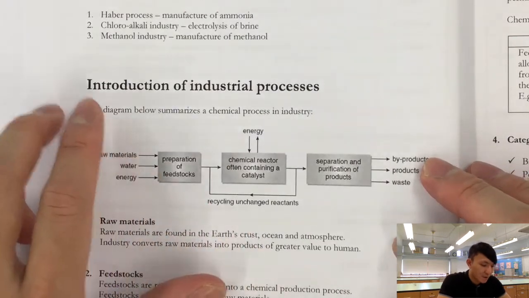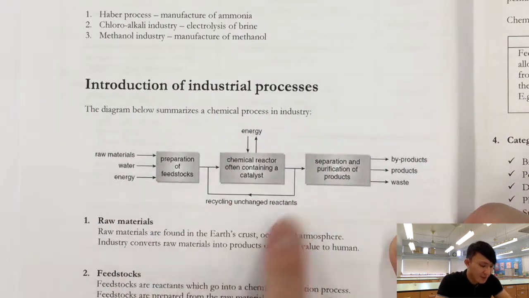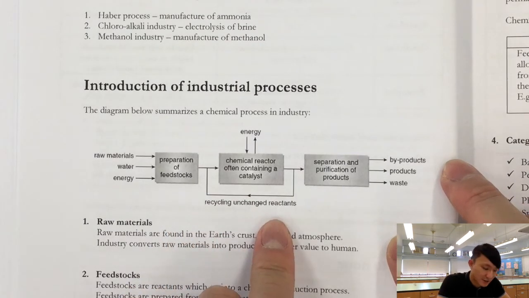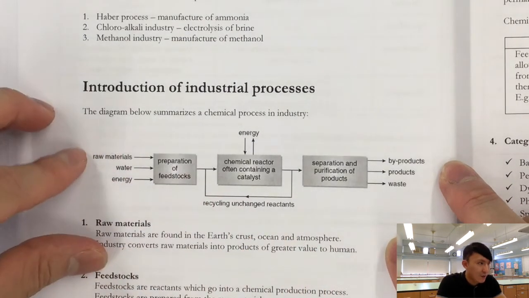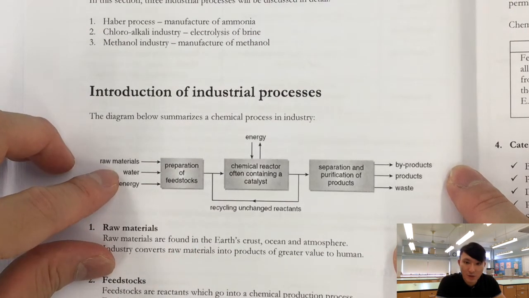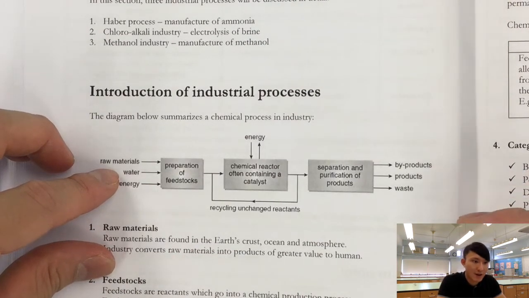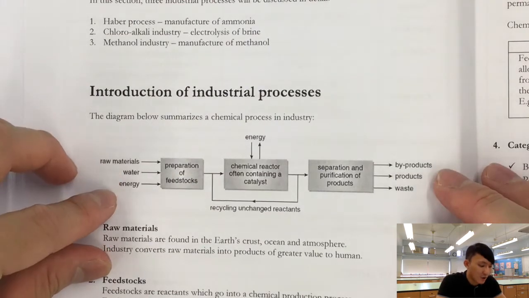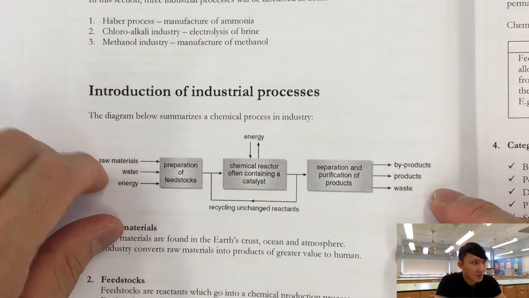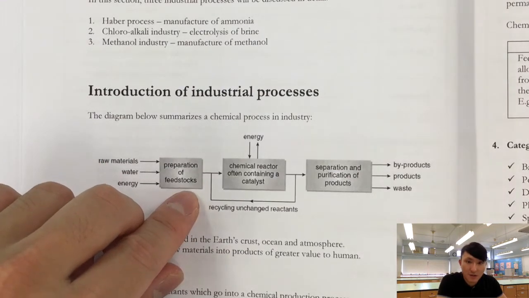Now, first of all, if you look at this diagram, so they summarize the chemical process in industry. Basically, we must have raw materials, and very often we need water as a solvent or for cleaning, and also we need energy, of course. So all of this are used to prepare feedstocks.